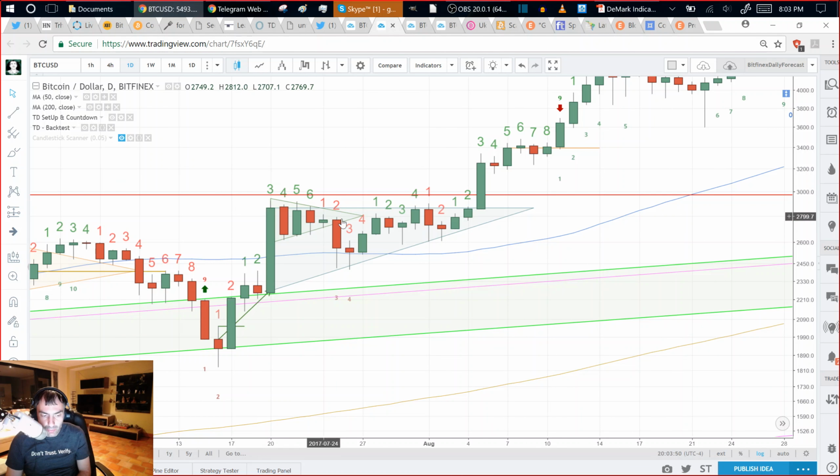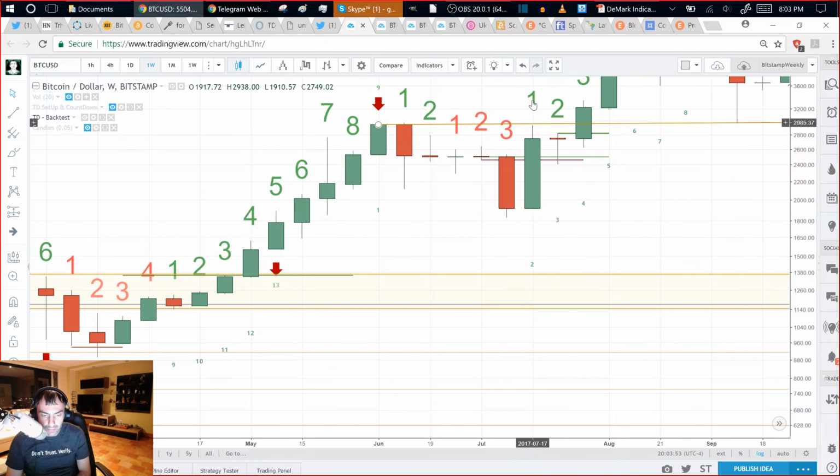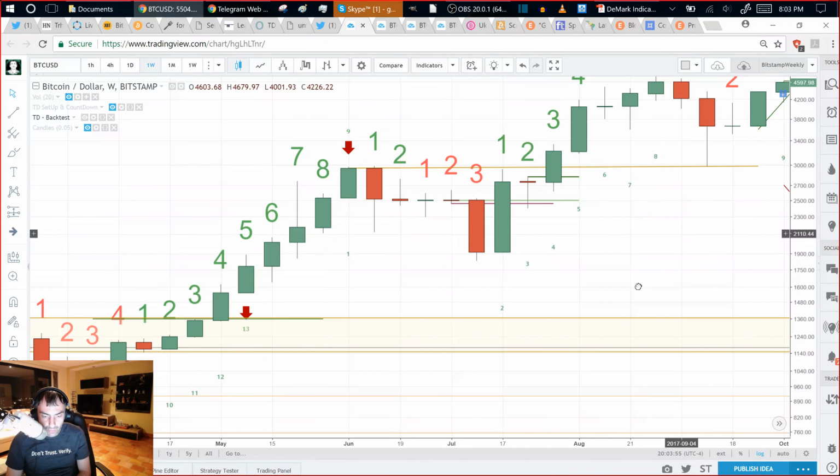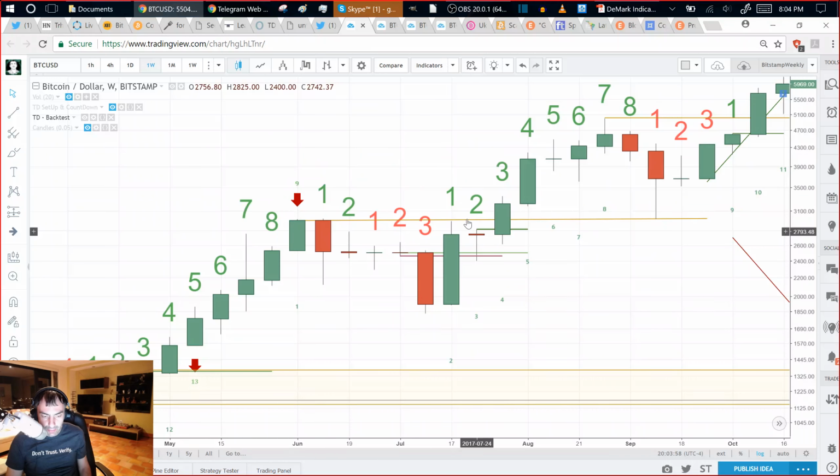So at this point, your weekly had a color flip, and once again, the 2 never traded above the 1, but the 3 traded above the 2. And boom, a buy signal.